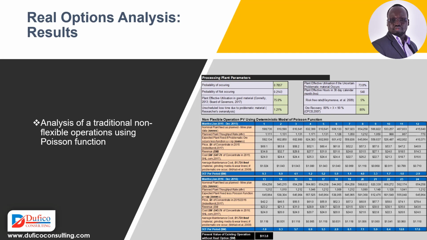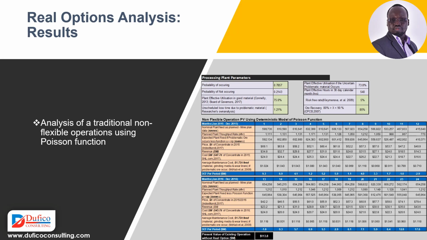So look at the real option analysis and the result. Analysis of a traditional non-flexible mine, that is assuming normal operation, where you are not using predictive analytics. We run the model and we see that the project value of this particular iron ore mine, and this is a real case, by the way, in Western Australia, and we withheld the name because of confidentiality, was $113.8 million.